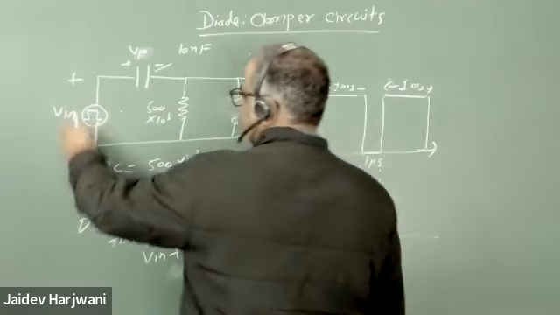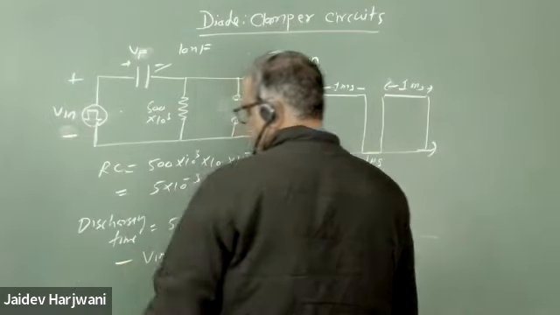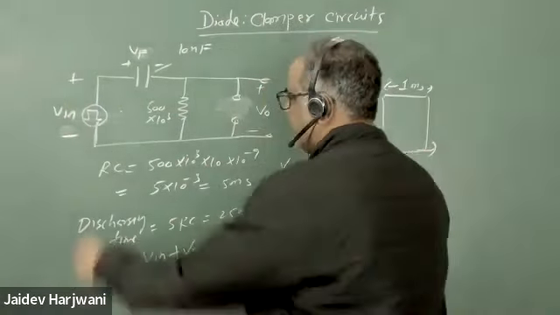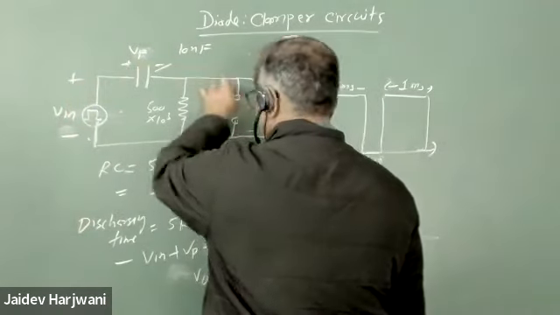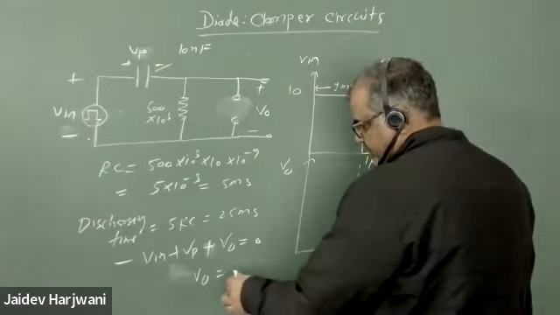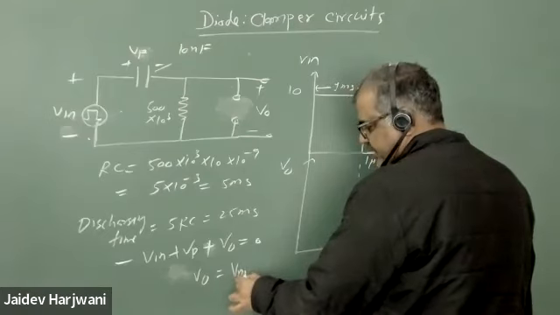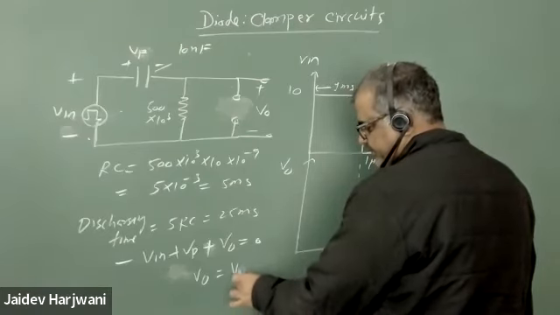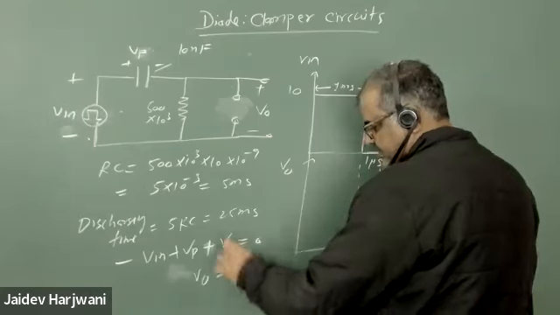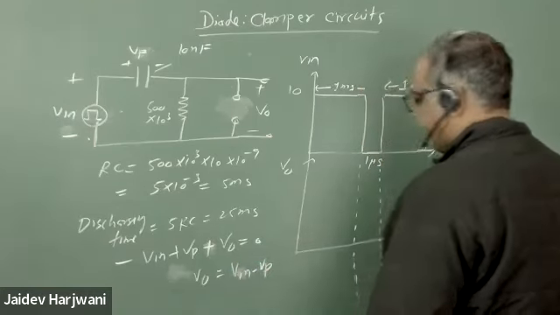Minus V input plus VP plus V naught equals 0. Yes, now it's correct. So V output, my V naught, becomes V input minus VP.